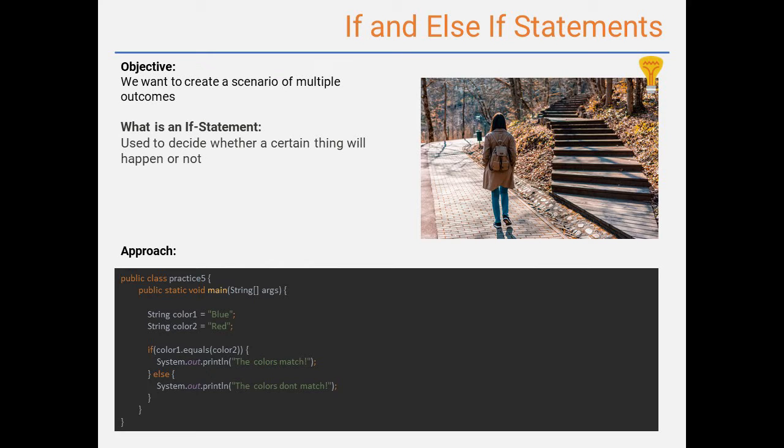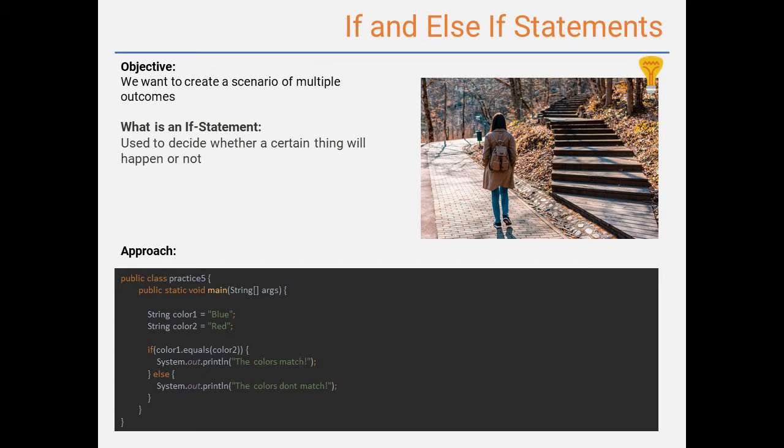In our approach here, we have two colors set as variables, and they're both string types. Color 1 is equal to blue, color 2 is equal to red, and we're using the if statement. We are saying if color 1 is equal to color 2, then print the colors match.